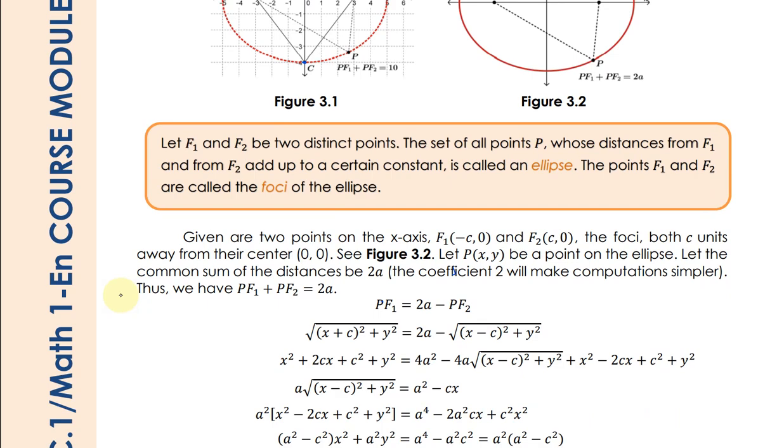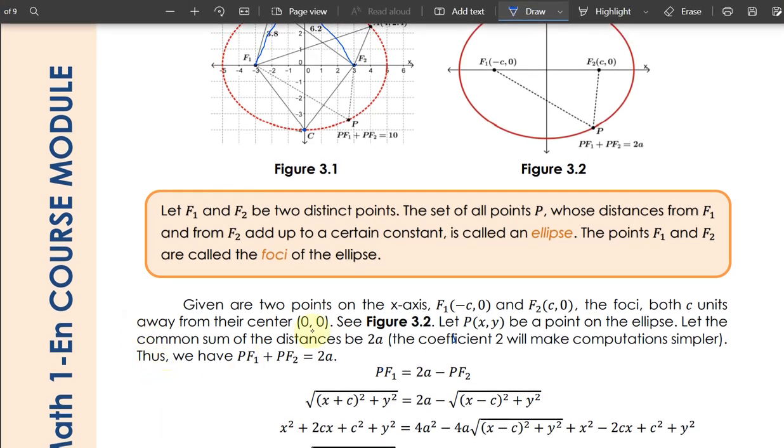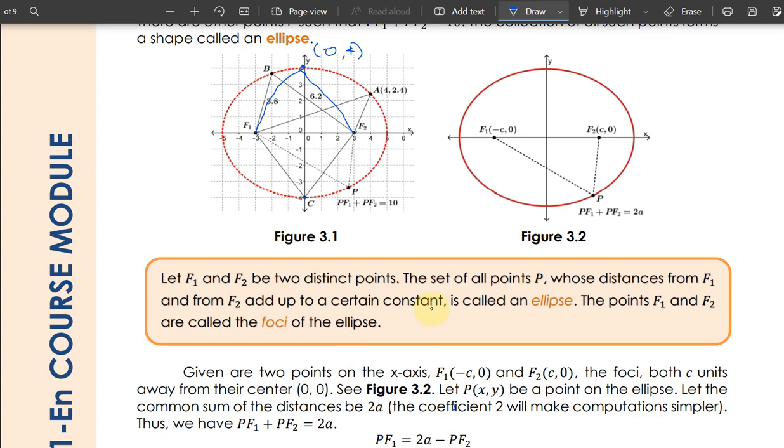Okay, so given are 2 points on the axis, F1, which is located at negative c, 0, and F2 at positive c, 0, the foci both c units away from the center 0, 0. So that is seen in this figure. In this figure, the ellipse has two foci located at negative c and positive c, 0 coordinates, meaning c can be any number, for example negative 2.